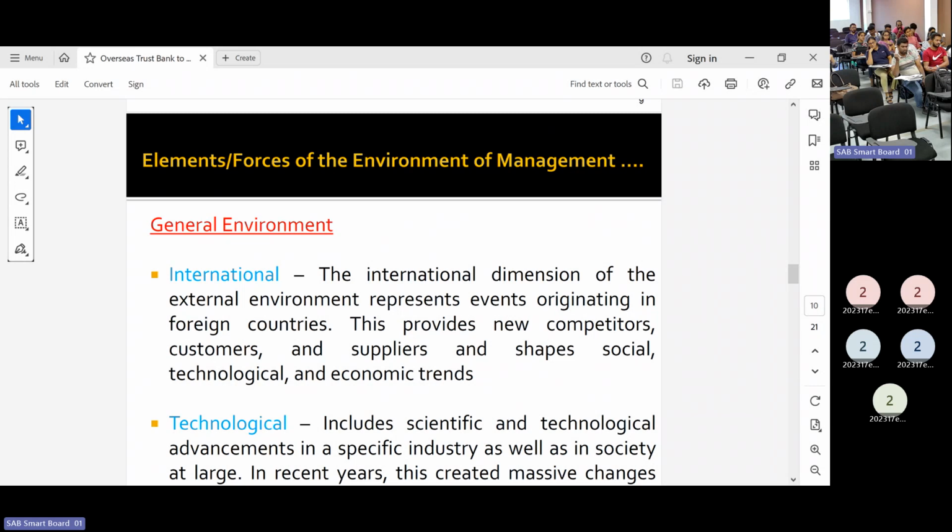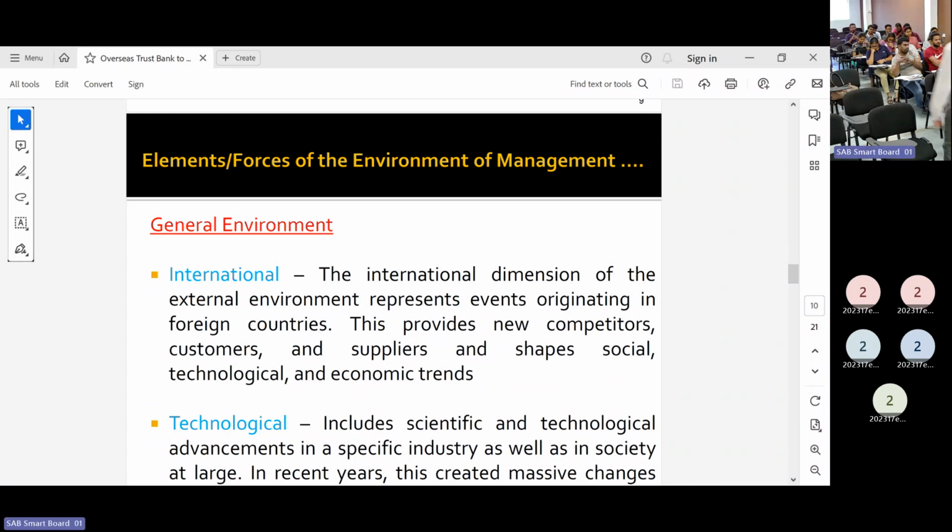Right. Then the general environment, global or international dimension, is the number one. They represent different events and scenarios originating in different countries in the world. Therefore, this provides new competitors, new customers, new suppliers, and they shape the other dimensions also, as I mentioned.